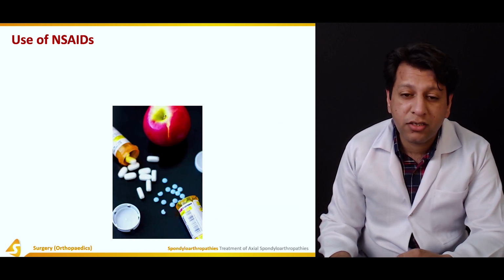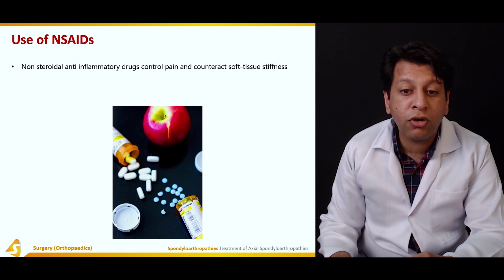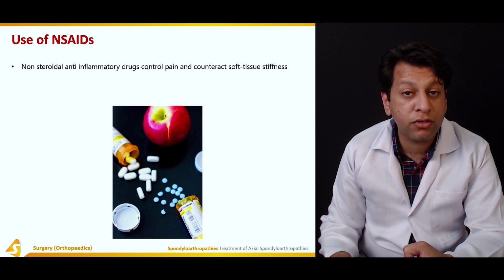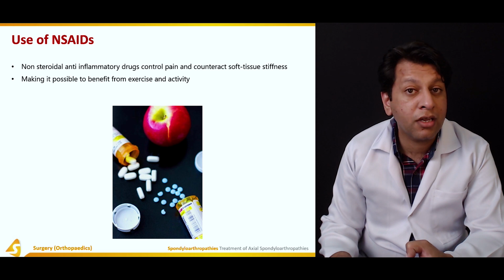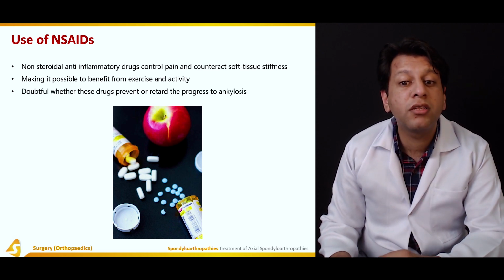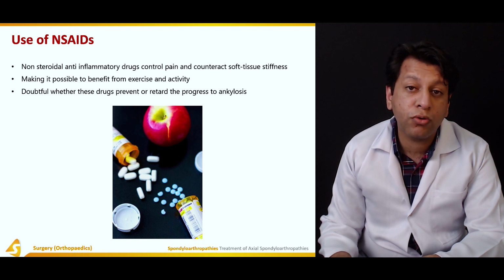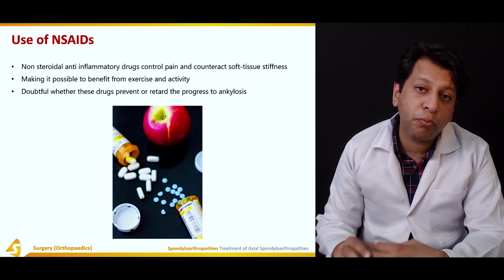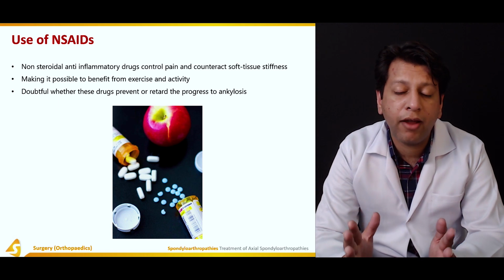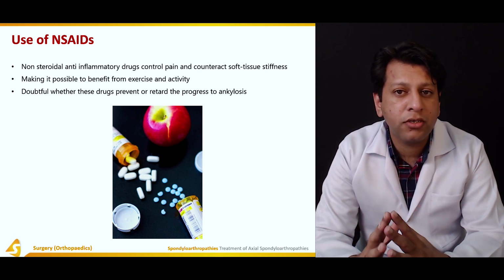Coming to the use of NSAIDs, as I've just told you, the non-steroidal anti-inflammatory drugs control pain and counteract soft tissue stiffness, making it possible to benefit from exercise and activity. The problem with them is that it is doubtful whether these drugs prevent or retard the progression of ankylosis. So the point is that you have to decide what stage of disease this patient is at.